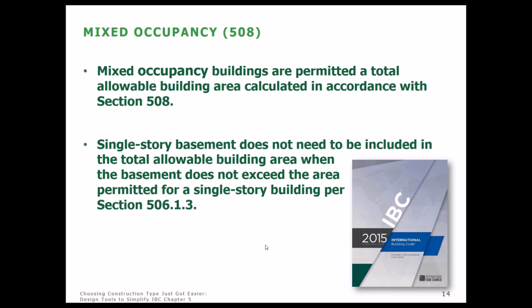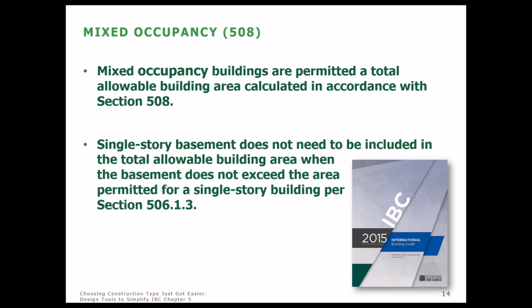All right, the code, of course, addresses mixed occupancy buildings. So far, we've just looked at the formulas for single occupancy. In the calculator that Ricky's going to go through, this is well explained later on. It does involve, of course, as you know, adding ratios of actual area to allowable area for individual occupancies on a story.